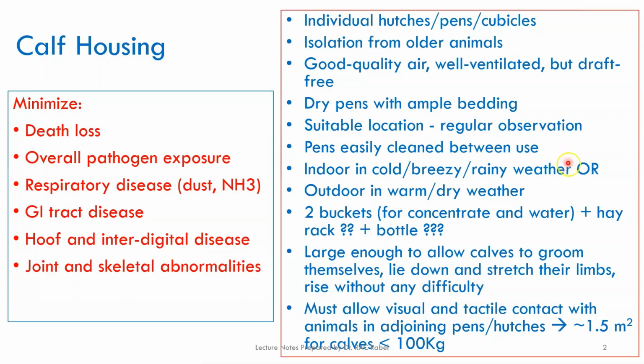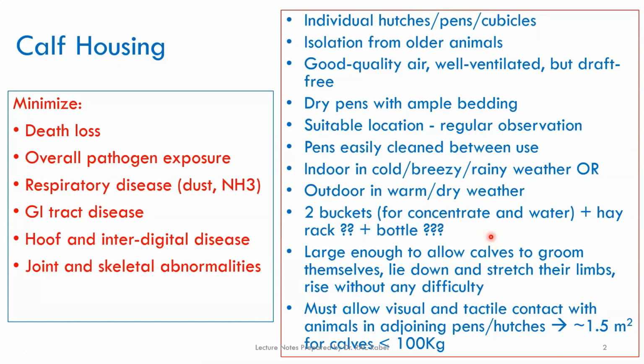Okay. So like I said earlier, if it's rainy, cold weather, they can be placed indoors, whereas if it's warm, dry weather like in Hambantota, they can be placed outdoors.